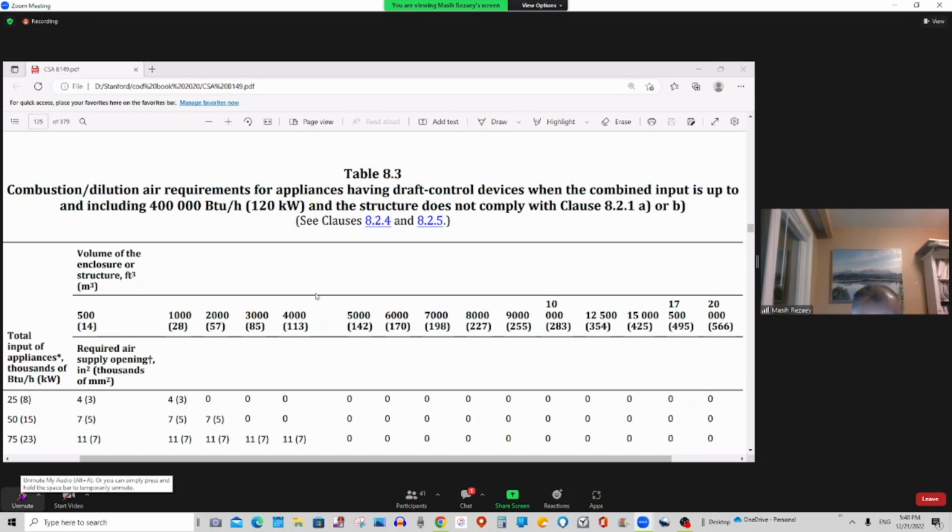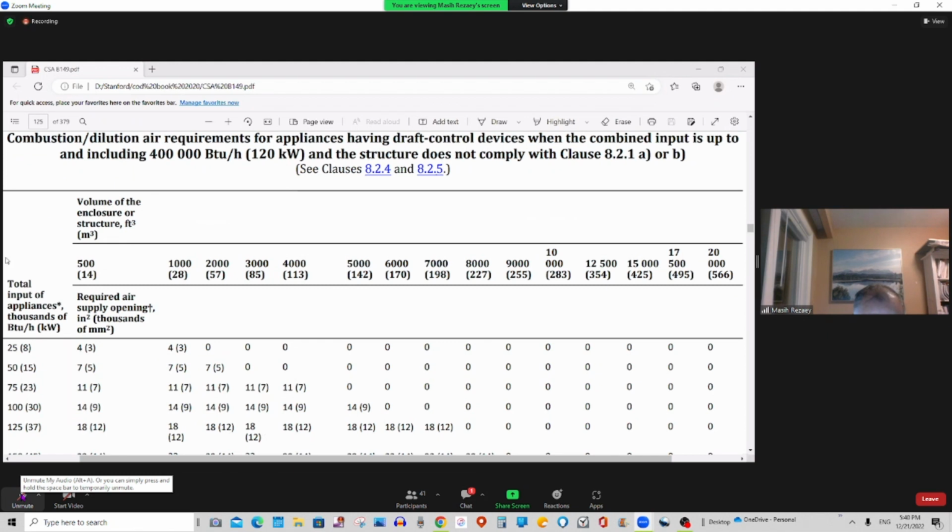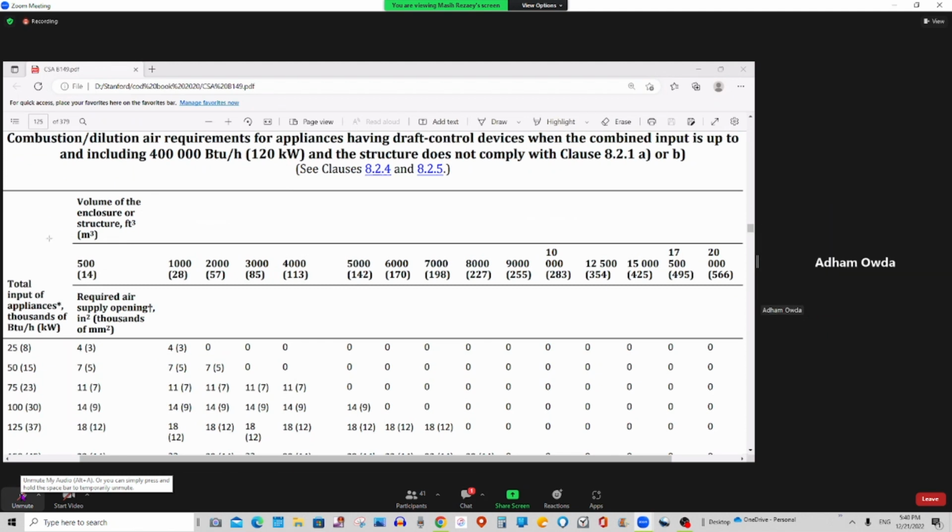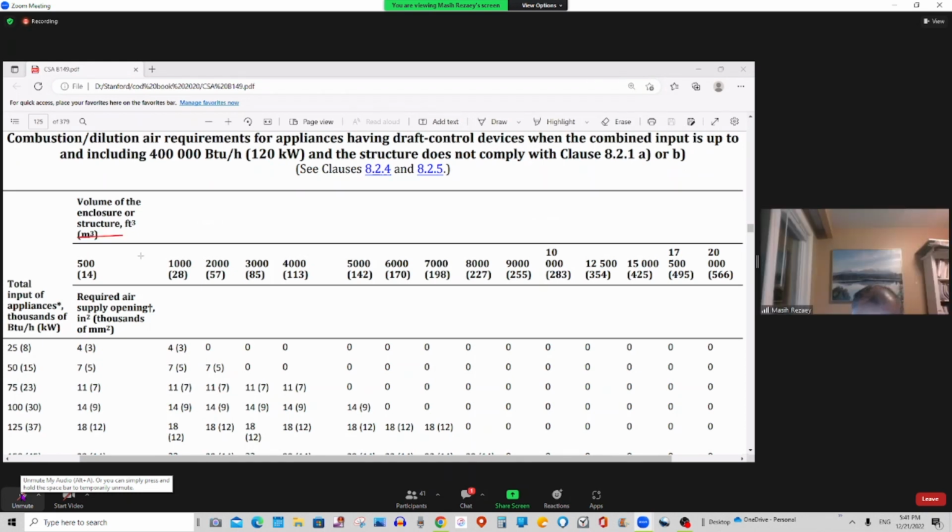And in this table, it gave you the volume of the house, how big the house is. Why did it give you the volume? It gave the volume from 500, 1,000, 2,000, 10,000, etc. Because when it is a loose house, we have infiltration and exfiltration from everywhere.